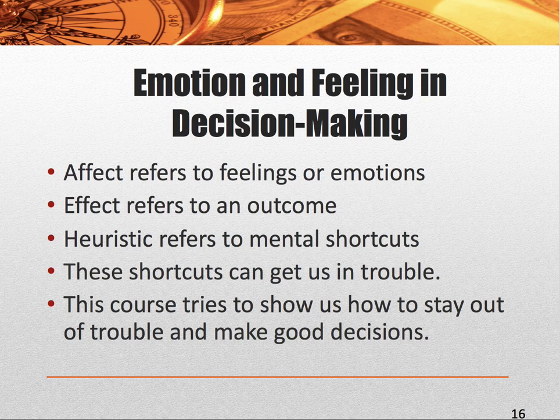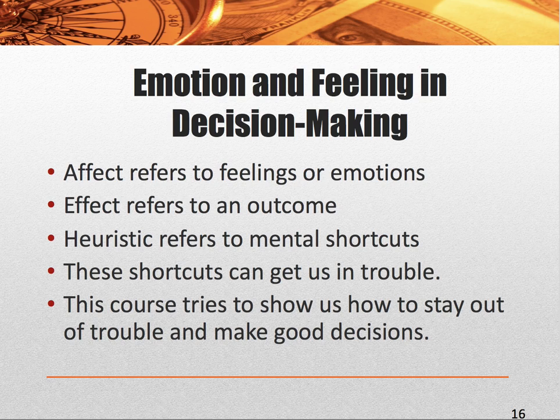And these mental shortcuts really get us in trouble because we haven't done our homework, and it's much easier to follow the crowd than it is to do all the analysis. So when we think about heuristics, what we want to do is find out which mental shortcuts can get us ahead and which ones can get us behind and get us in trouble.